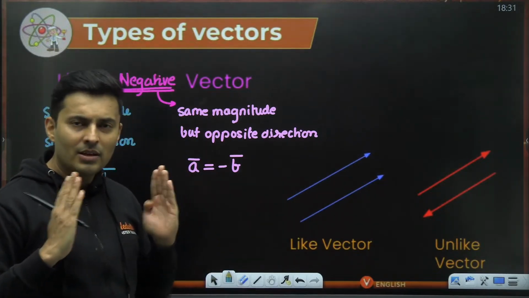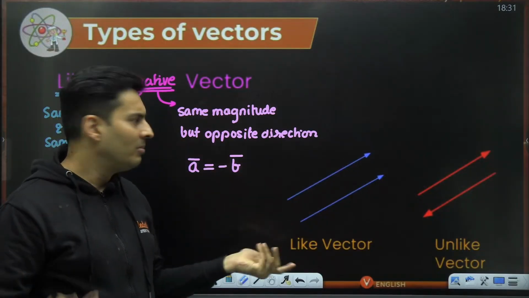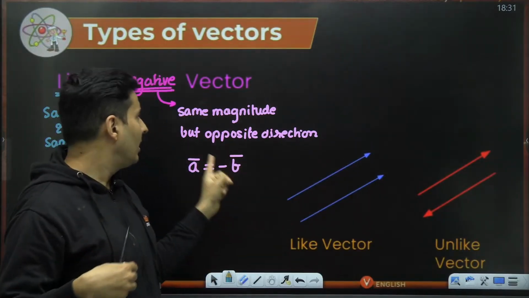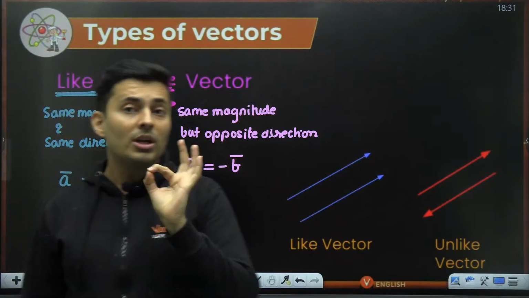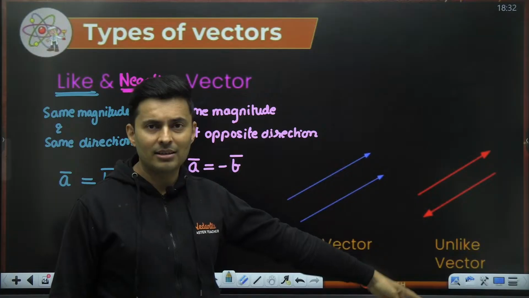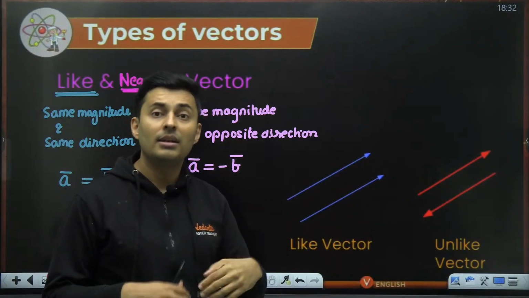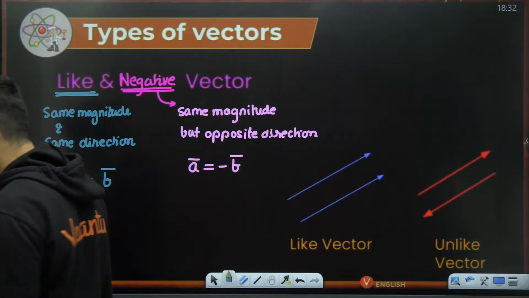If you have opposite lines, they might be equal in magnitude, may not be, but if they are negative, 100% they must be anti-parallel. So negative vectors are always anti-parallel, but just because it is anti-parallel, it may not be negative. Is that clear, everyone?